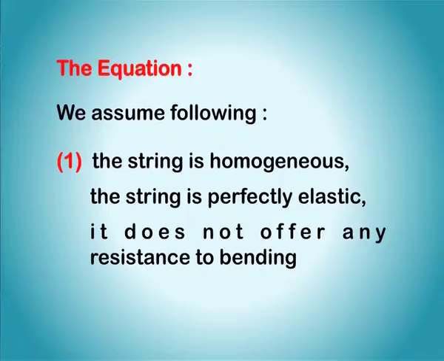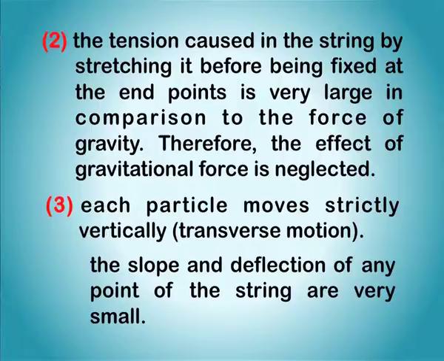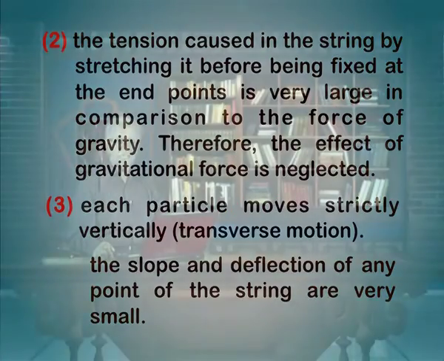The string is homogeneous. Second, the string is perfectly elastic. It does not offer any resistance to bending. Third, the tension caused in the string by stretching it before being fixed at the end points is very large in comparison to the force of gravity. Therefore, the effect of gravitational force is neglected.